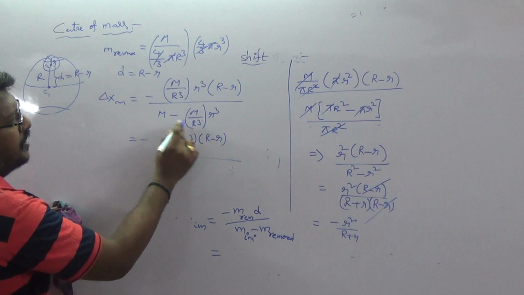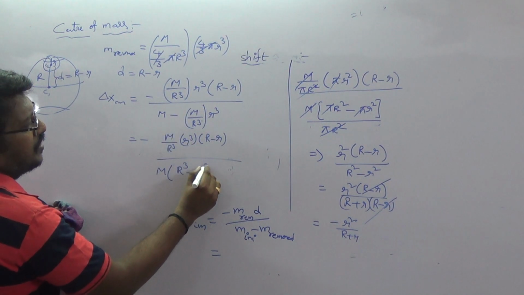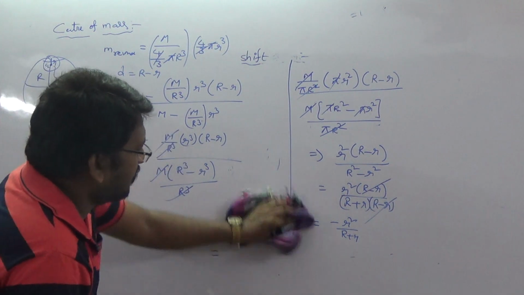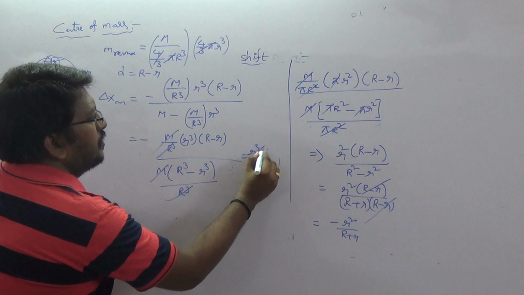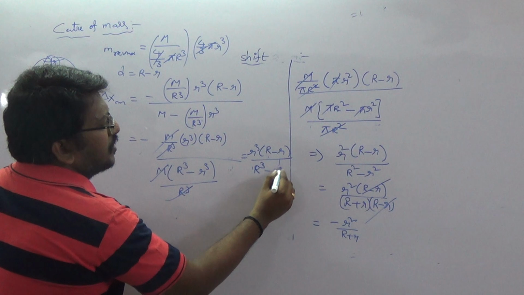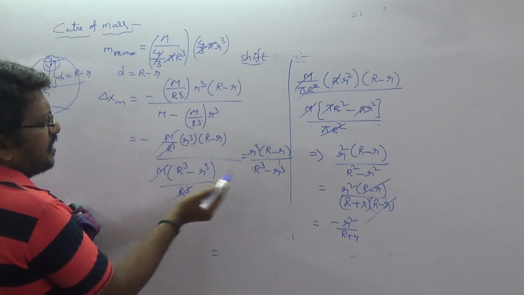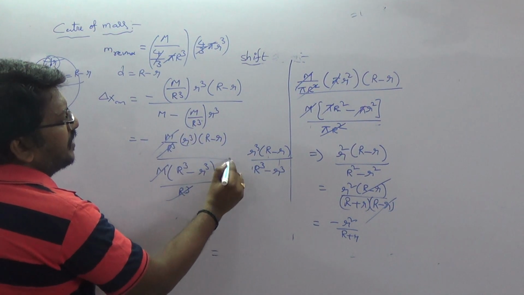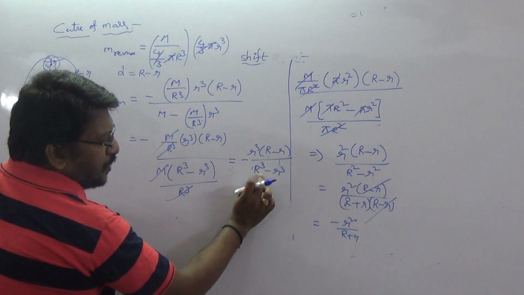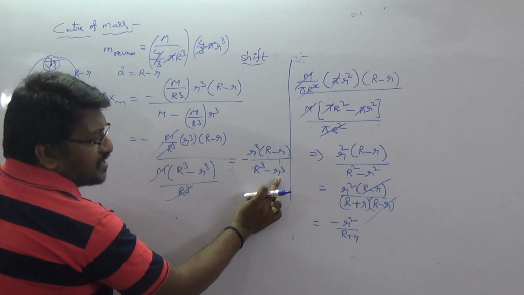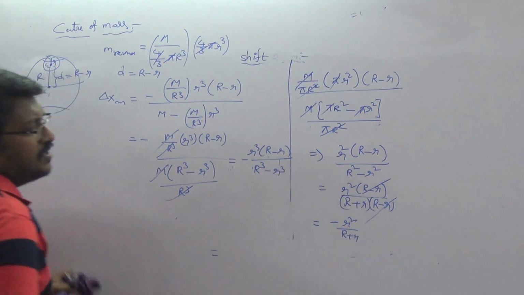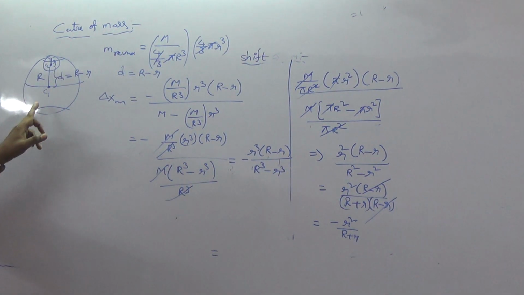M taken out, you get here R cube minus small r cube by R cube. M by R cube get cancelled. From that you get the formula: r cube into R minus small r by R cube minus small r cube. You will get the minus because of the opposite direction. The center of mass shifted in the opposite direction to the removed spot. A minus b, here a cube minus b cube, you can write as a minus b into a square plus b square plus ab. By using that form, we get the shifting center of mass in case of the disk.